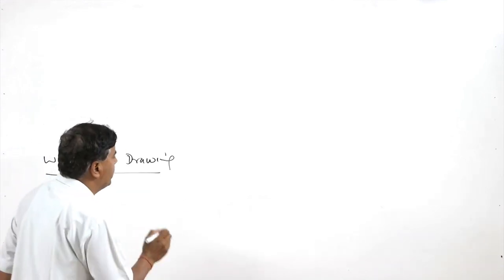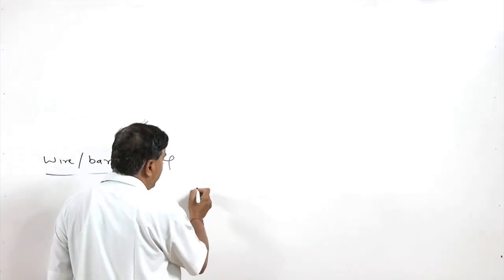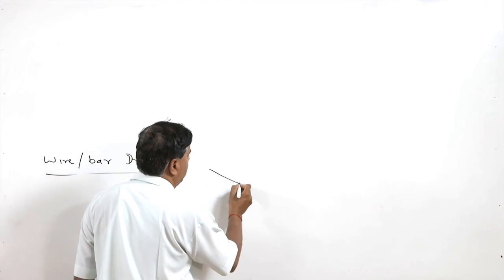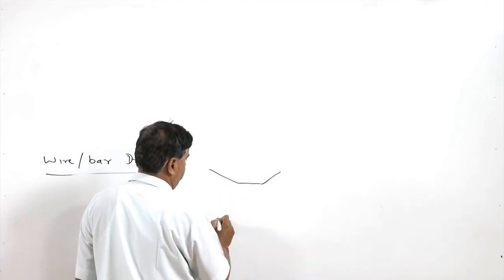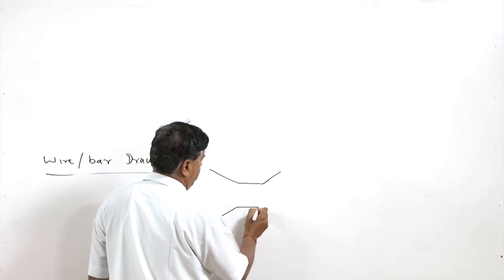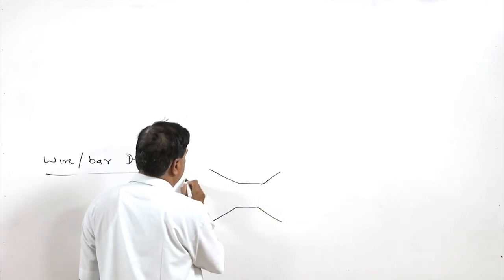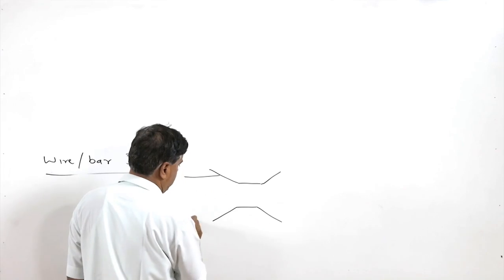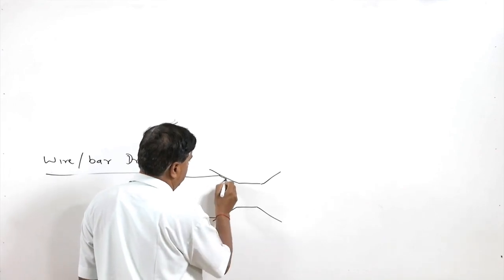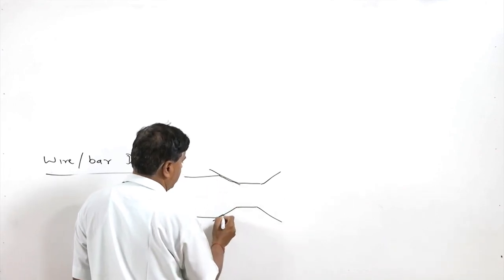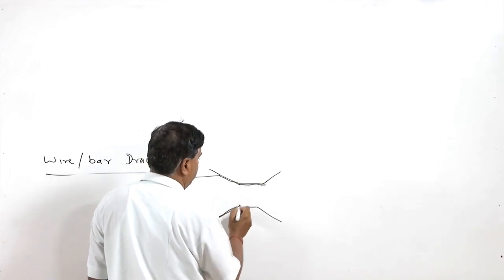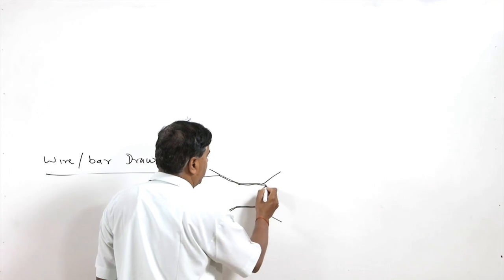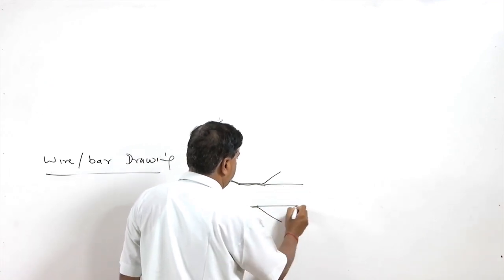So, when the wire is drawn through the die like this, this is the rod, and here its cross section or diameter will be reduced, and then it will be finalized in this zone, and then it will be coming out.